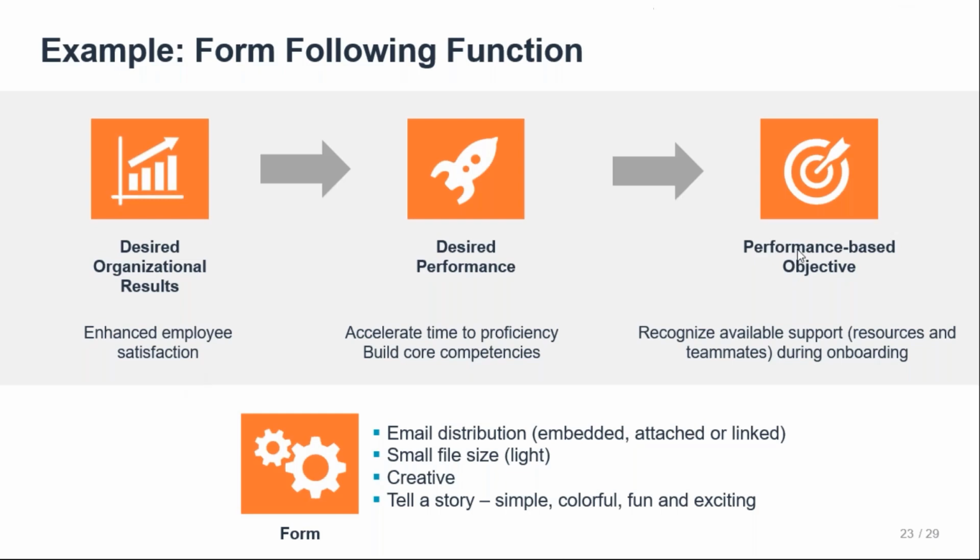And for that, the performance-based learning objective they narrowed down, for which they needed a microlearning asset, was that the new hires should be able to recognize the support which is available to them, both in the form of their teammates and resources during the onboarding process itself. They should get a very clear idea because they had a huge list of resources available on the LMS.